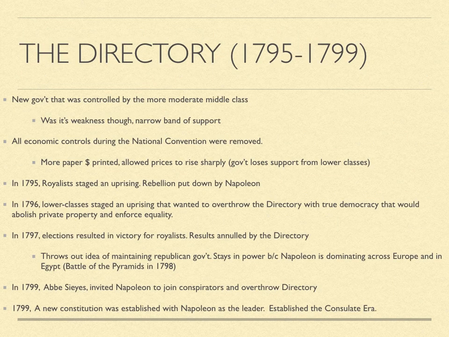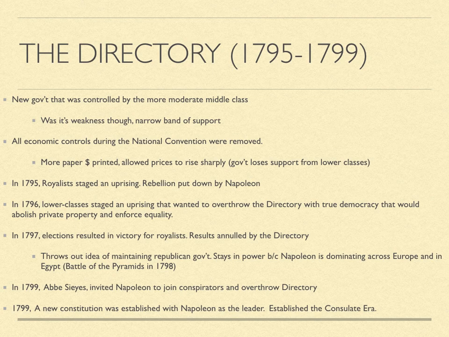This phase is going to be replaced by the Directory, which, this is kind of crazy to say, but because it's a moderate middle class government, it actually was pretty weak, because the biggest groups of Frenchmen either wanted the government to be more radical and more liberal, or they wanted kings to come back.